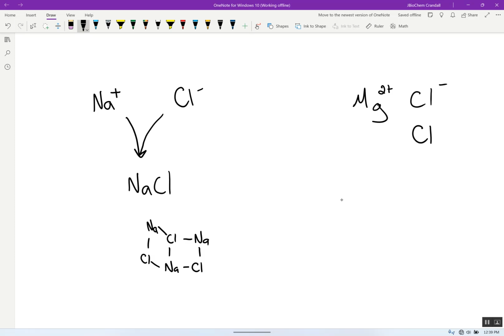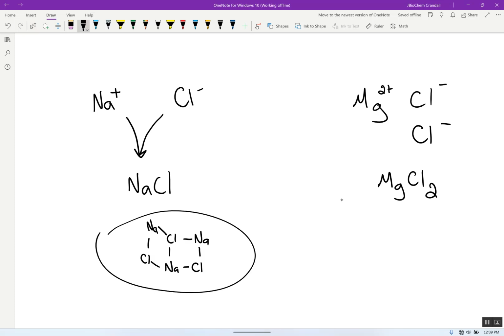So the formula here is not MgCl, it's MgCl2. So magnesium chloride is going to come together different than sodium chloride, and it's going to form a crystal of 1 magnesium and 2 chlorines. So the ratio is 1:2 for magnesium chloride, whereas for sodium chloride it's 1:1.